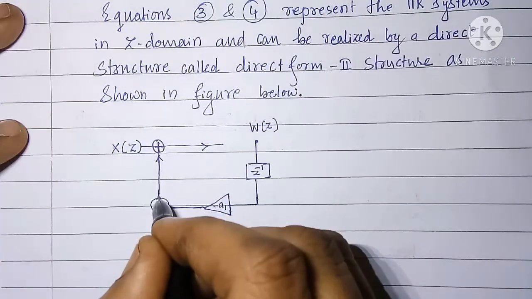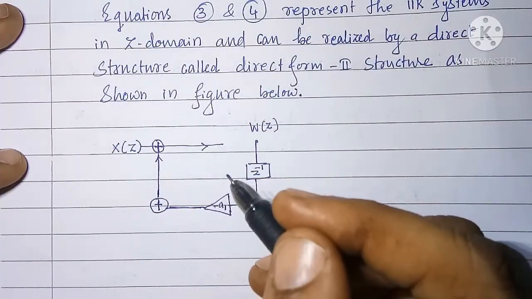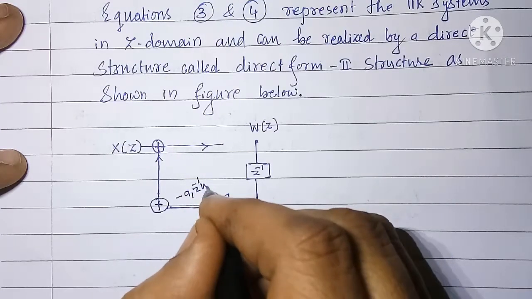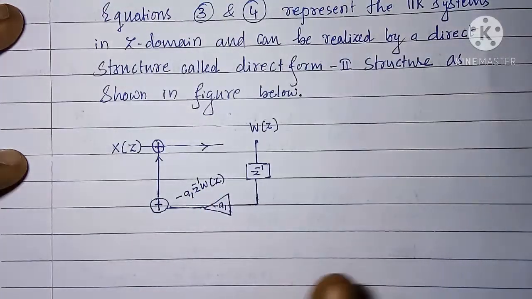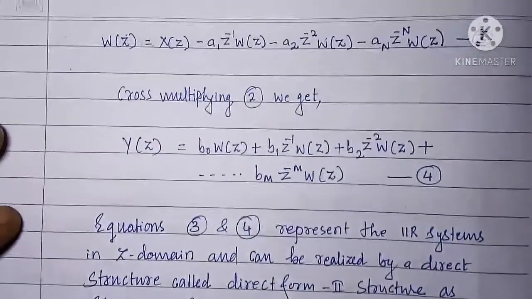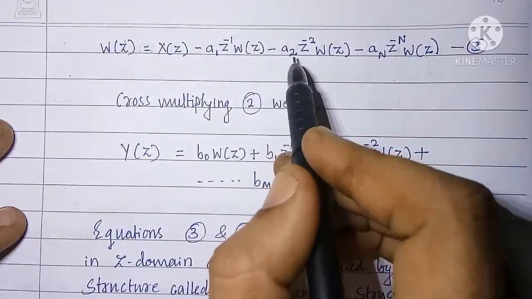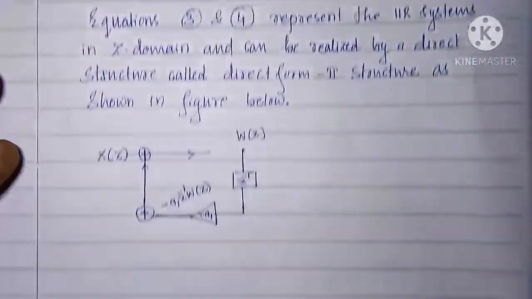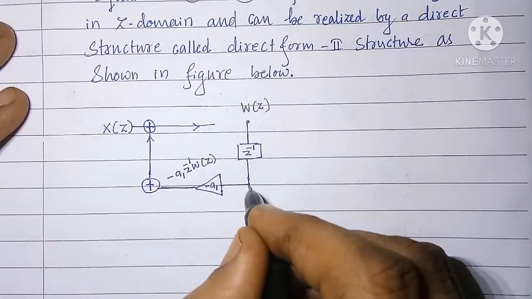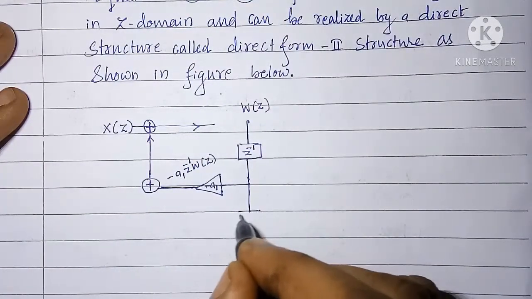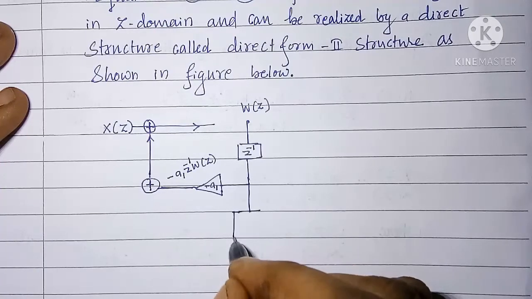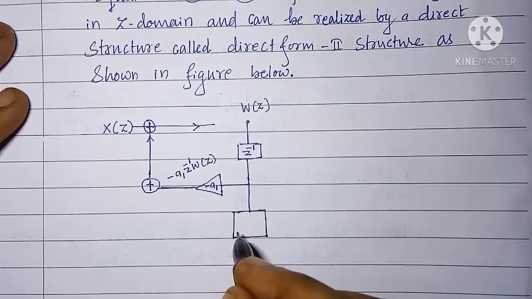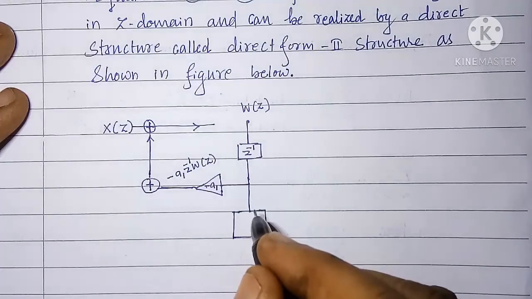So here what we are getting? Here we are getting minus a1 z raised to minus 1 W of z. Next term in the equation is minus a2 z raised to minus 2 W of z. Z raised to minus 2 we can obtain by delaying W of z 2 times by one sample.